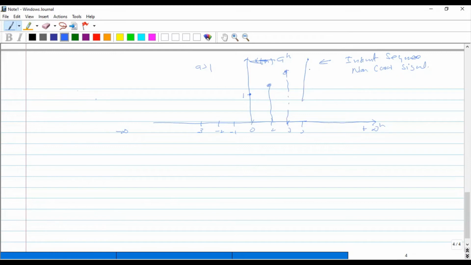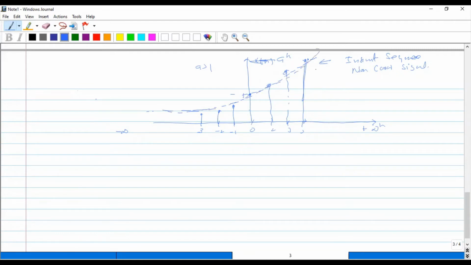It will go like this. And if it is a to the power minus 1, it will be less than 1, then a to the power minus 2 is also less, and a to the power minus 3, and so on.